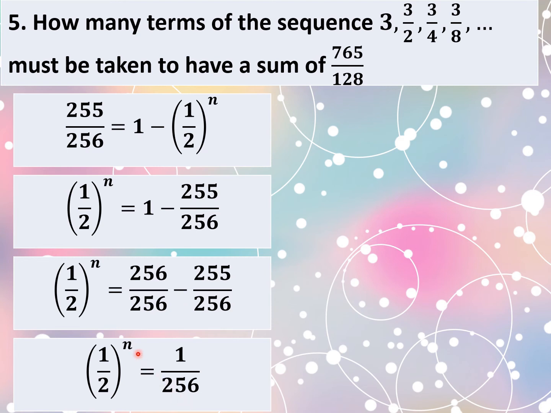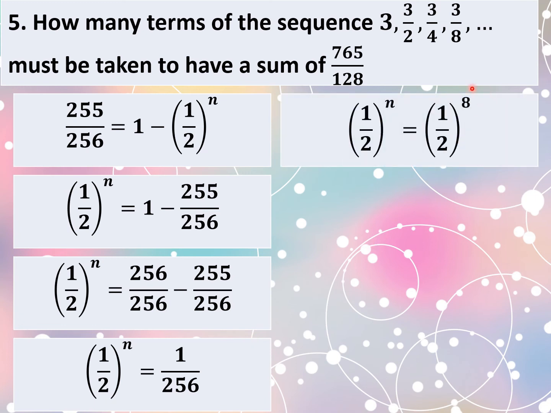And then, para ma-solve natin yung value ng n, kailangan natin gawing base 1 half yung 1 over 256. So, para mangyari yon, kailangan natin alamin kung ilang 2 ang imumultiply sa sarili niya para makuha ang 256. So, that is 8. So, 8 2 ang imumultiply sa sarili niya para makuha ang 256. So, sa madaling sabi, meron tayo ngayong 1 half raised to 8.